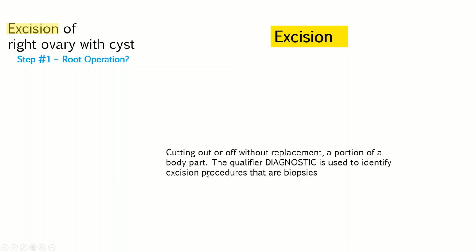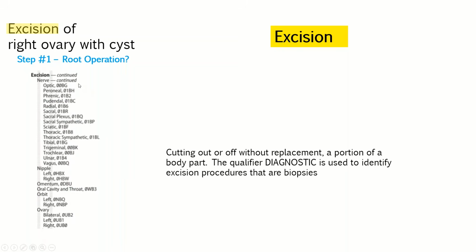Now, if this is for a diagnostic procedure, or let's say a biopsy, then we would use diagnostic as our 7th character. So let's just really focus on the first part. This is cutting out or off without replacement a portion of a body part. And how do we know it's a portion? I'm going to show you with an exercise coming down. We know this is excision because the documentation says so.